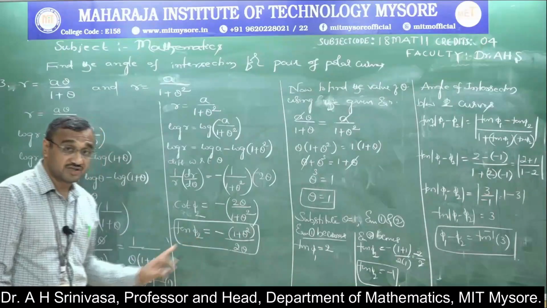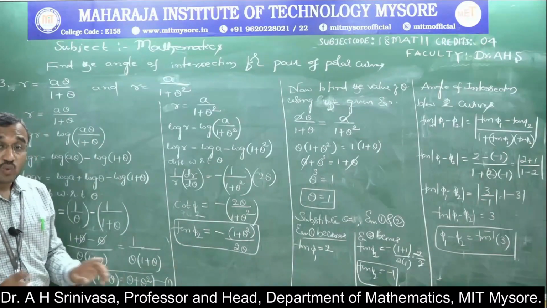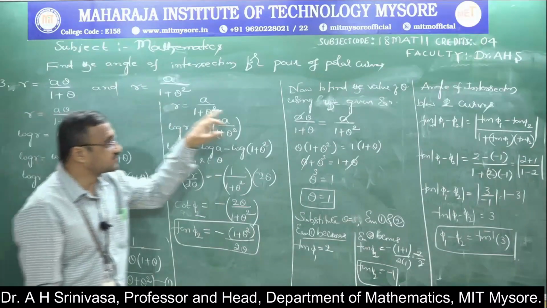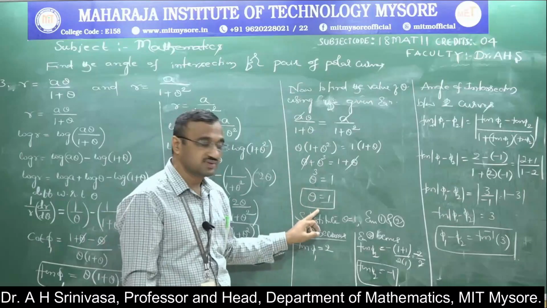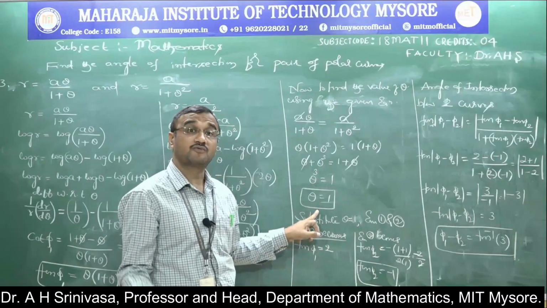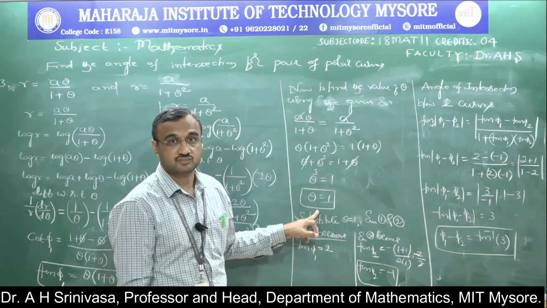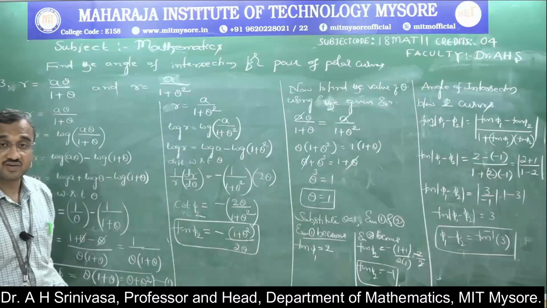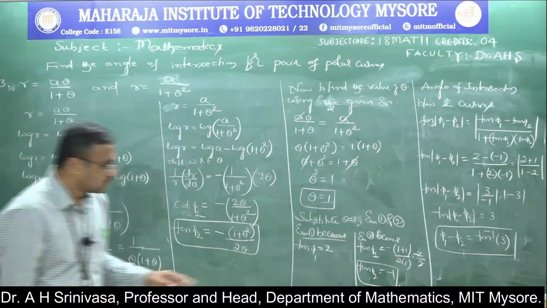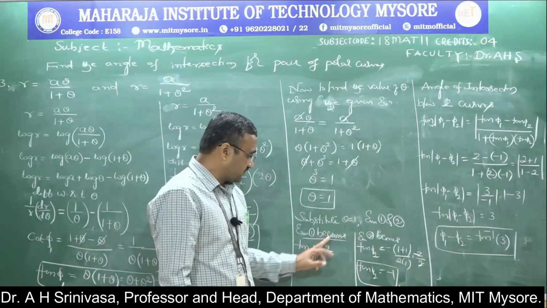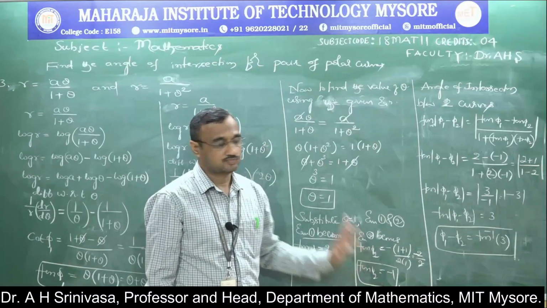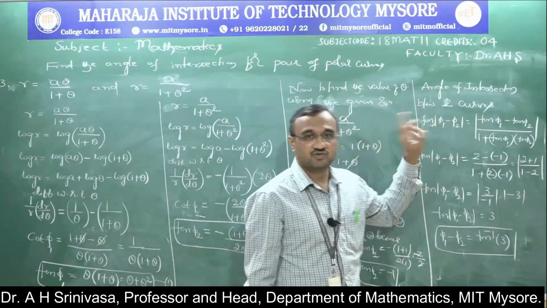To eliminate theta, you have to equate the given equation to extract the value of theta. After obtaining the value of theta, you substitute in equations 1 and 2, that is tan phi 1 and tan phi 2. So we get tan phi 1 value as 2 and tan phi 2 value as minus 1. Okay.